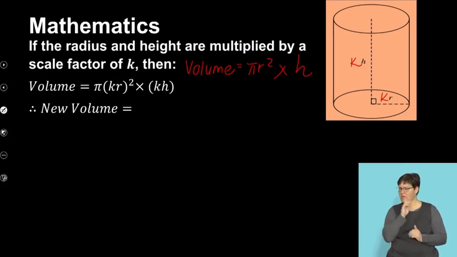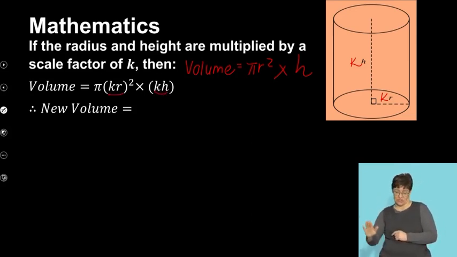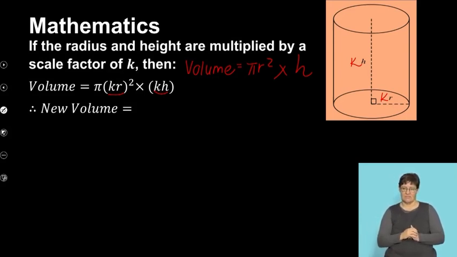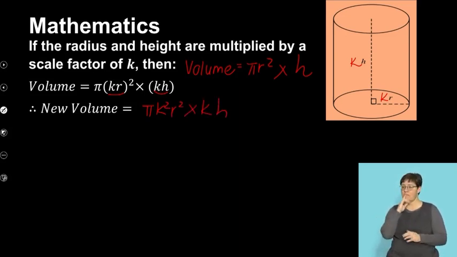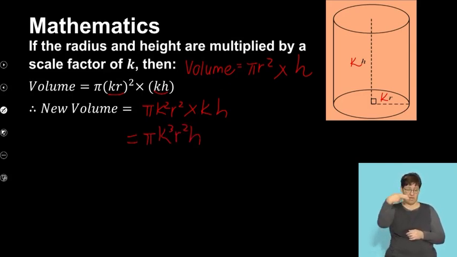But I now have new expressions for my new radius and my new height, and those are kr and kh. So all I've done is replace my radius with kr, and I've replaced my height with kh. So my new volume will be pi k squared r squared times kh. And if I simplify that one line further, it's going to be pi k cubed r squared h.